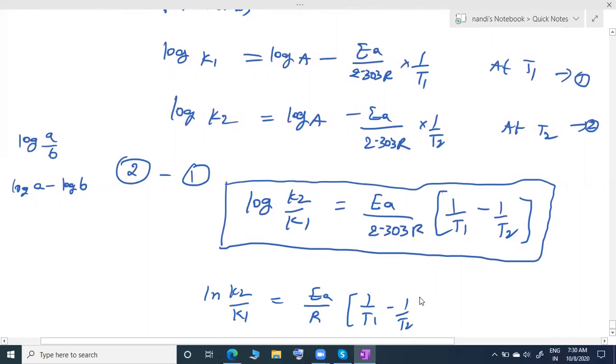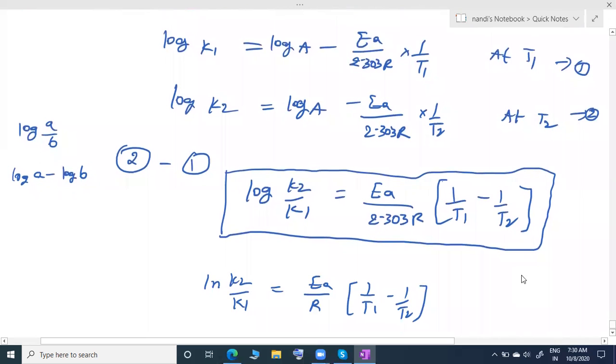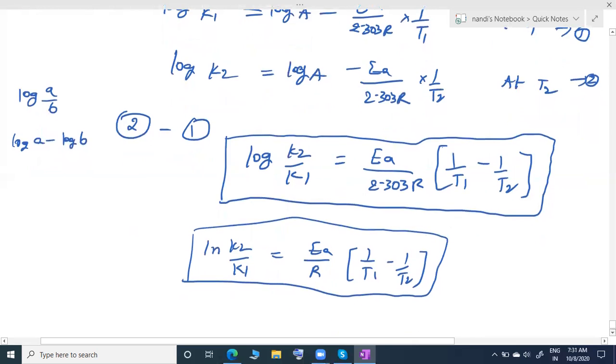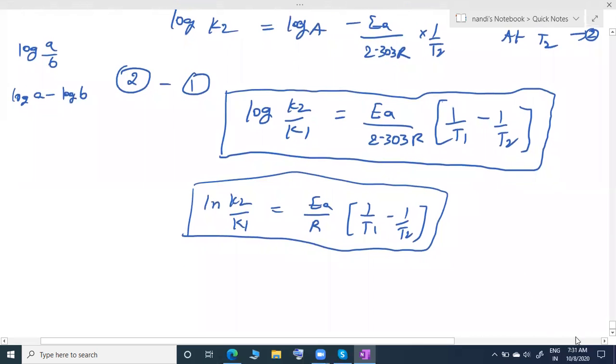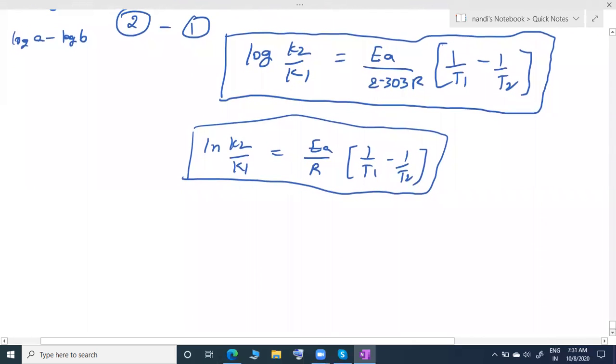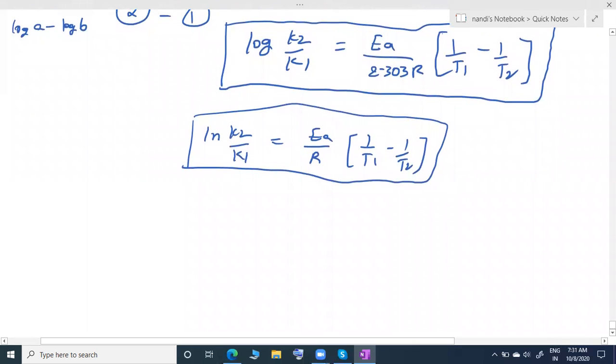You apply LCM here. Understood? So the rate constant will change with temperature. That's what we have seen here.